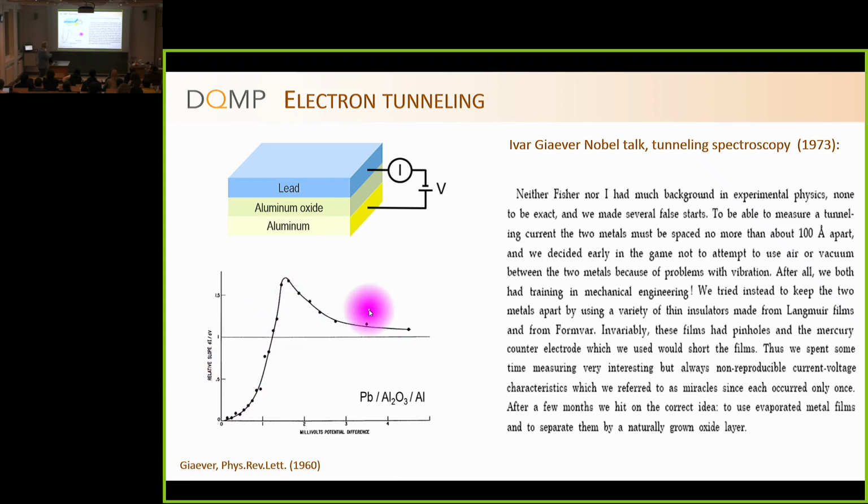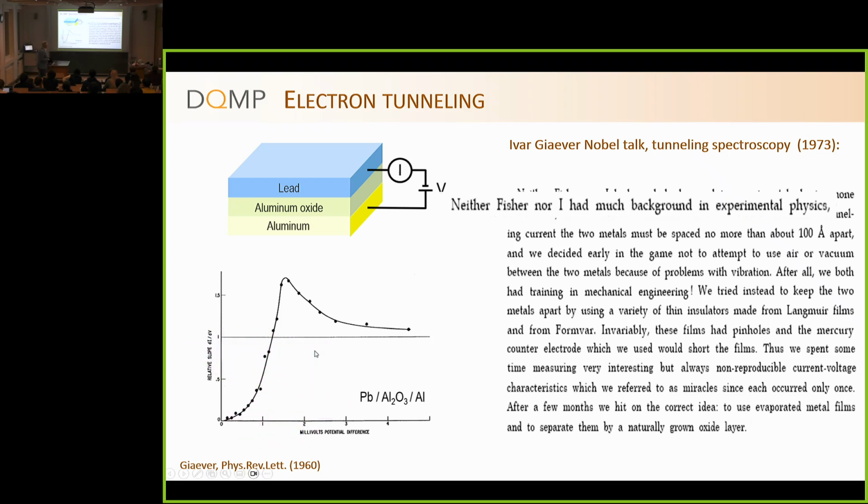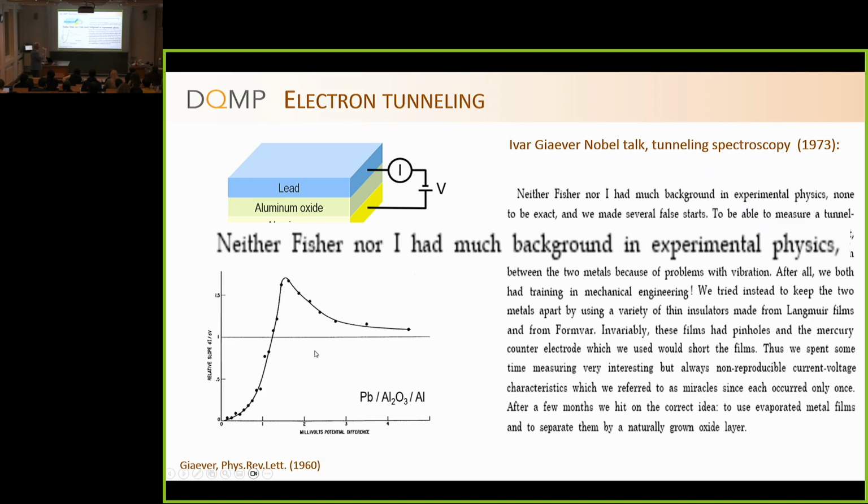And this was not only important to demonstrate that tunneling actually works, but here they measured the superconducting density of states. So this would be the superconducting gap in this material. But what's interesting to see is that they said neither Fischer nor I had much background in experimental physics, so they went on tackling a really challenging problem, not having much expertise in experimental physics.